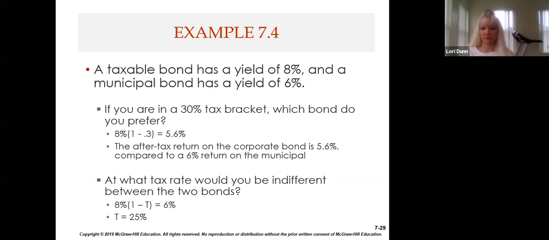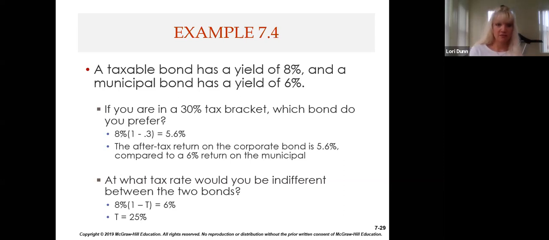Well, you could figure this out. You could say, okay, I know the corporate bond that will be taxed is 8%. So I need a tax rate that would allow me to make 6%, just like the municipal bond.